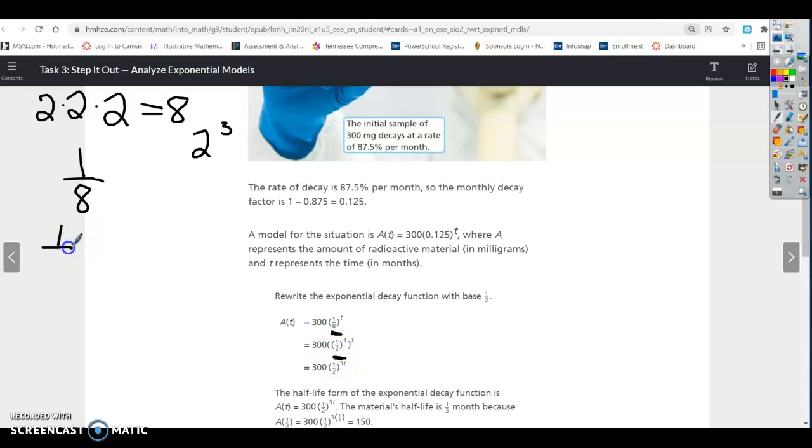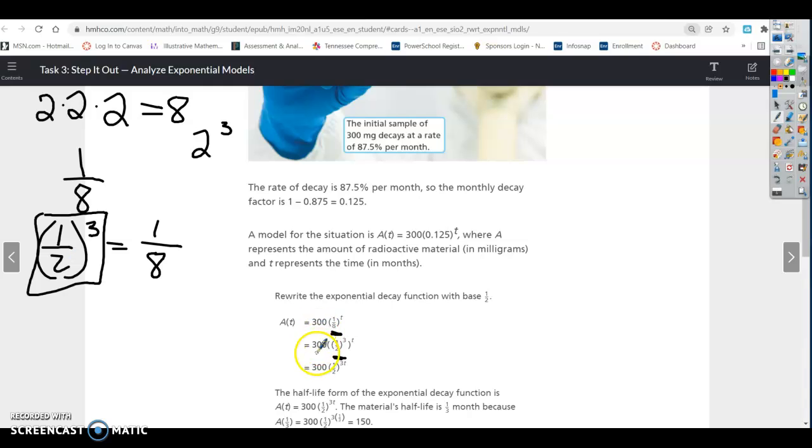So if you do 1/2 raised to the third power, all we're doing is rewriting 1/8 in this form. So 1 to any power is just 1, and 2 to the third power is 8. So this is just an equivalent expression using properties of exponents to rewrite that.